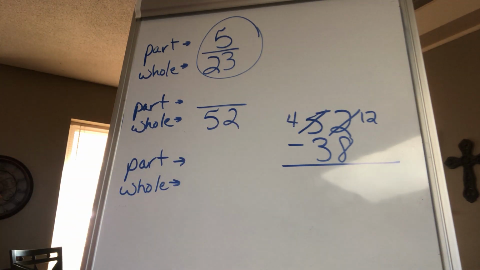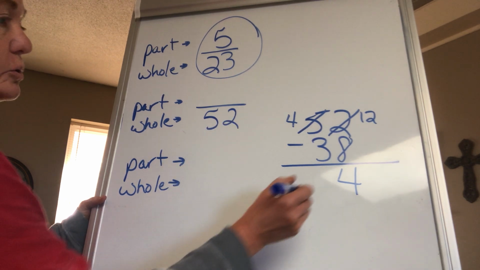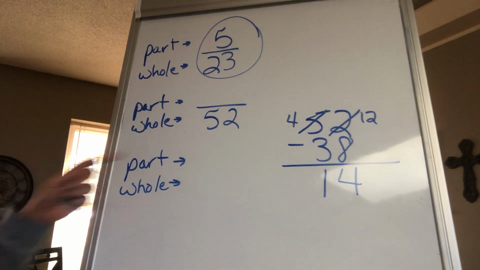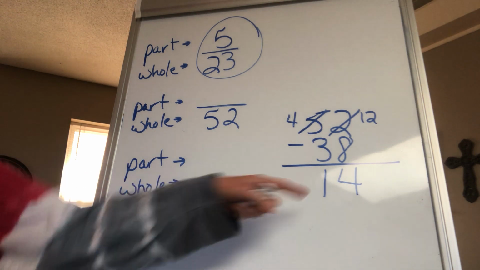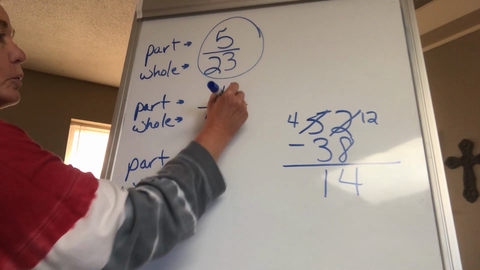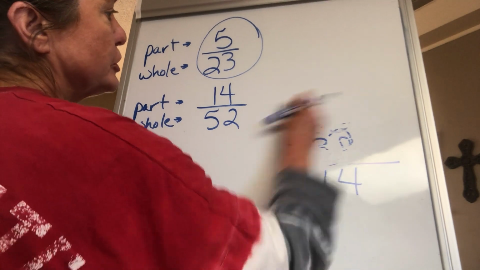All right, 12 minus 8 is 4. 4 minus 3 is 1. So if we take away the 38 that he used to build his house, now we know that 14 were unused. So now we have our fraction.